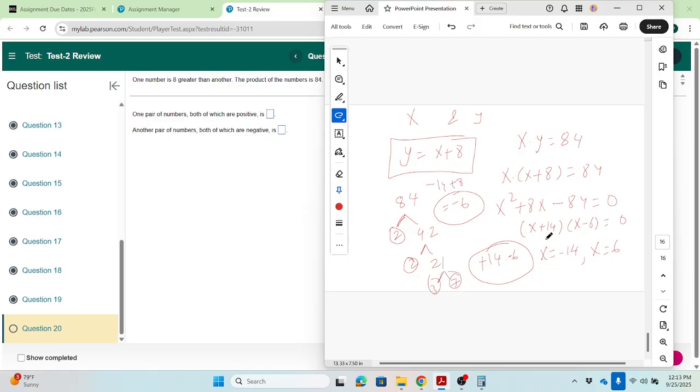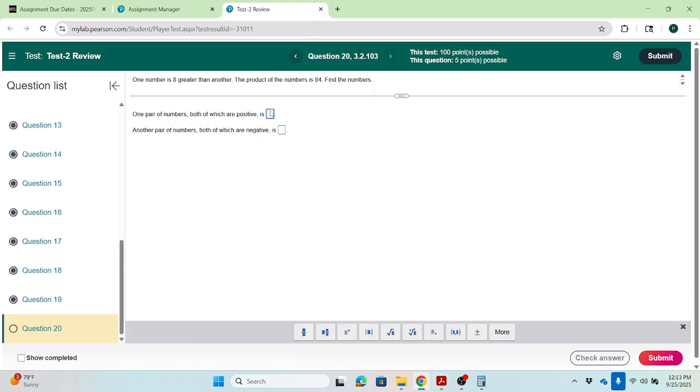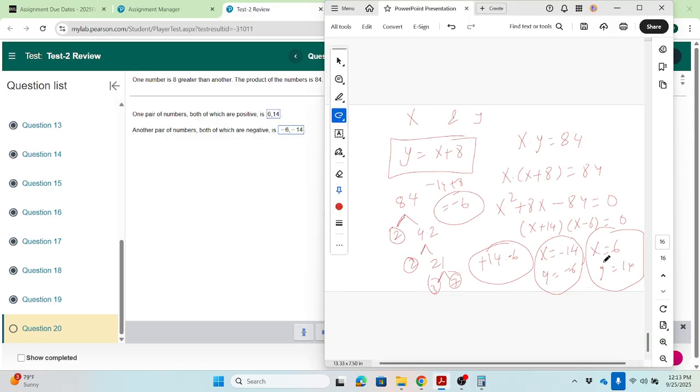So if x is negative 14, y is negative 6. If x is positive 6, then y is positive 14. So that is the combination you could have. One pair, both positive, would be 6 comma 14, and another pair is negative 6 comma negative 14. So these are the two pairs.